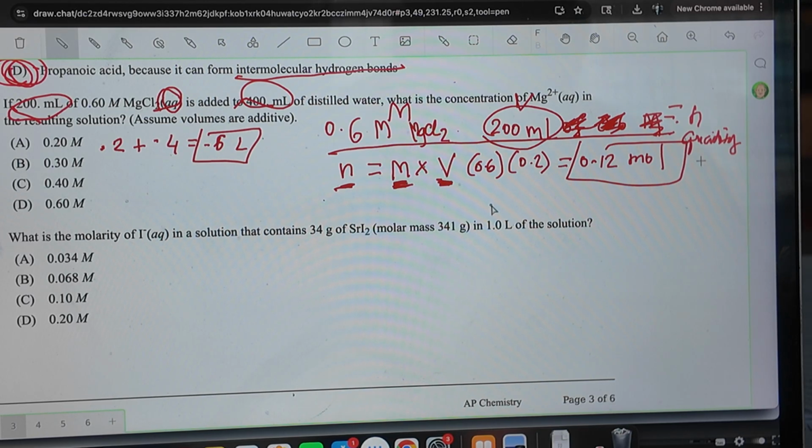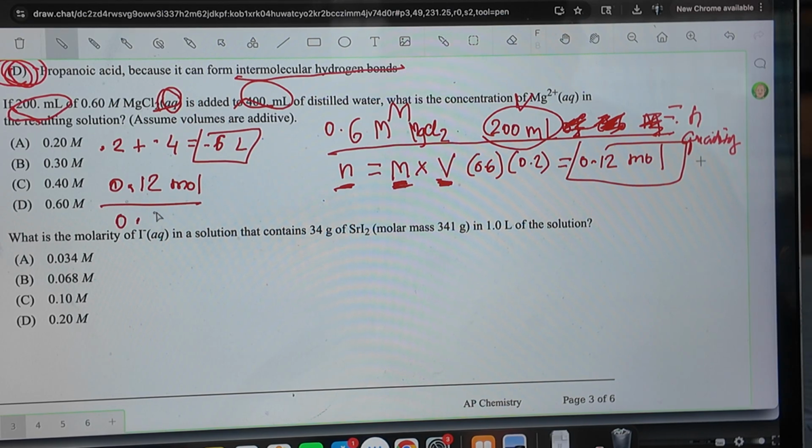And what are they asking for? They're asking for the new concentration. Now, that's easy. So we just got to divide how much of the MgCl2 we have, which is 0.12 moles of the MgCl2 divided by 0.6.